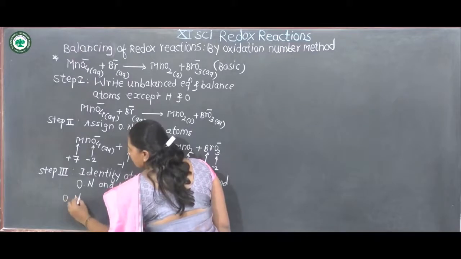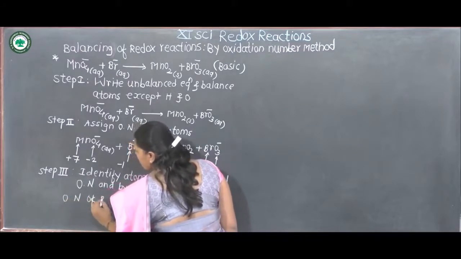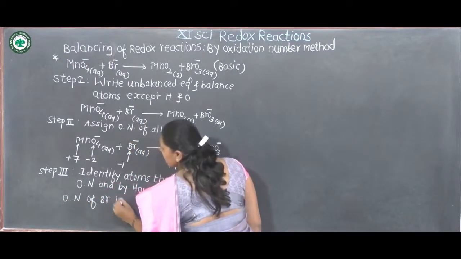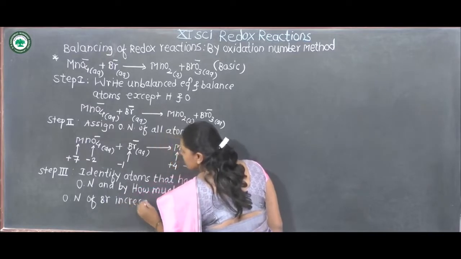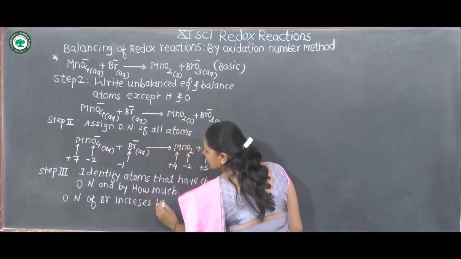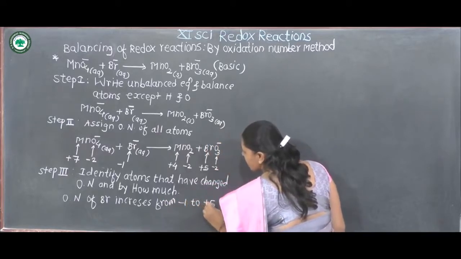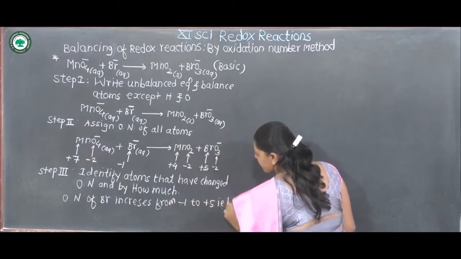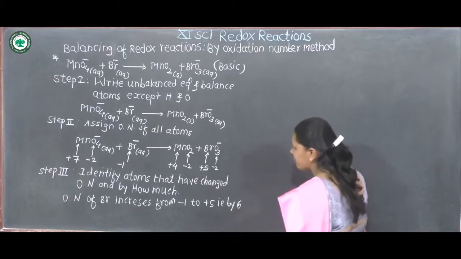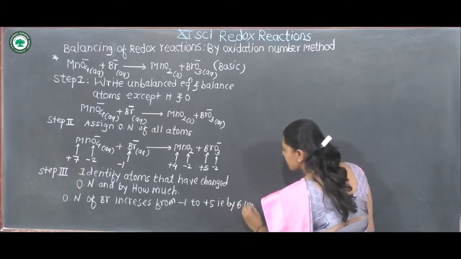The oxidation number of bromine increases from -1 to +5, that is by 6 units.